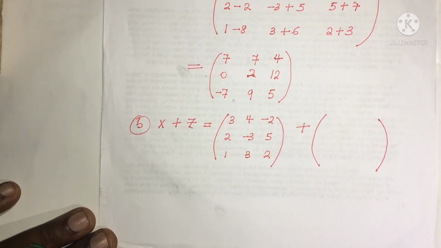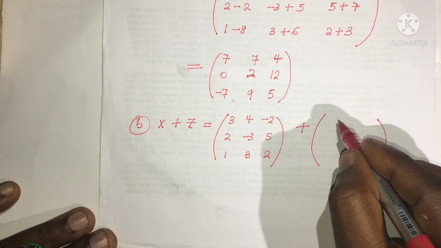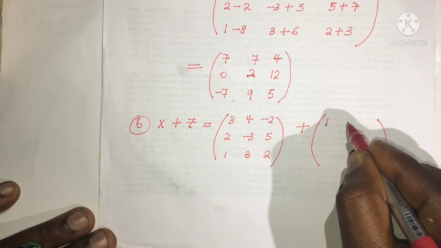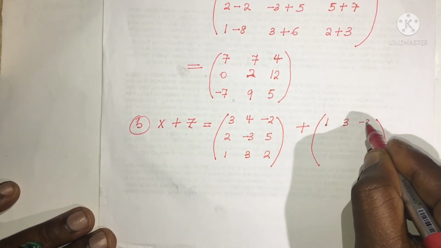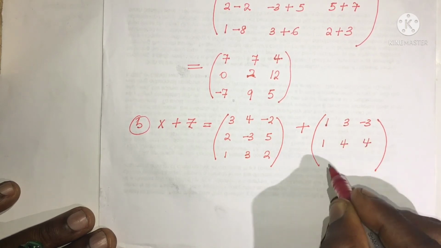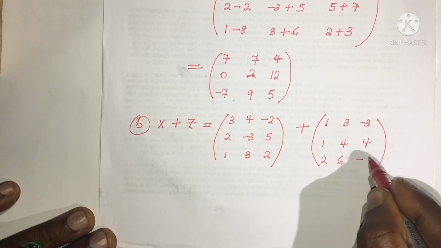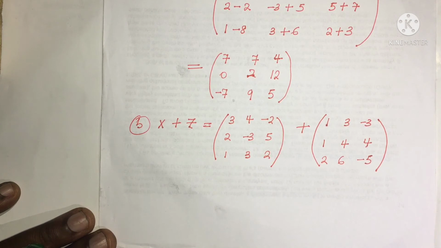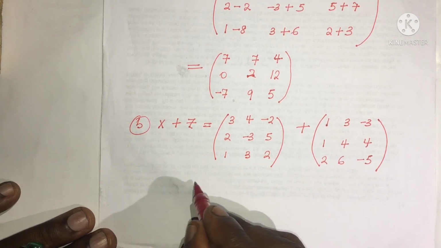While the matrix Z is the matrix 1, 3, minus 3, 1, 4, 4, 2, 6, and minus 5. Okay, so let's add these two matrices together.